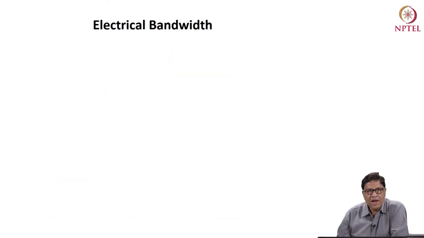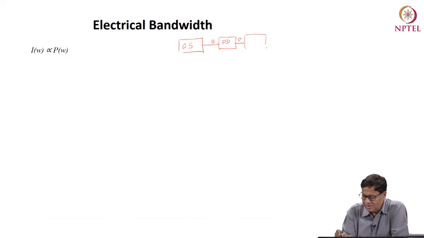Now let us try to calculate the electrical bandwidth. This is your optical source, then you have the photodiode, which converts this optical energy to electrical energy, and then there is some processing.